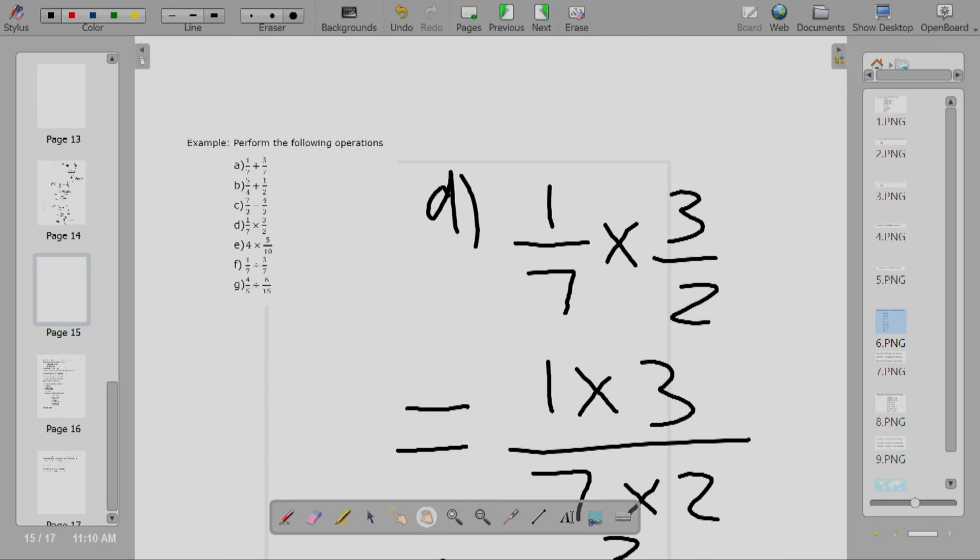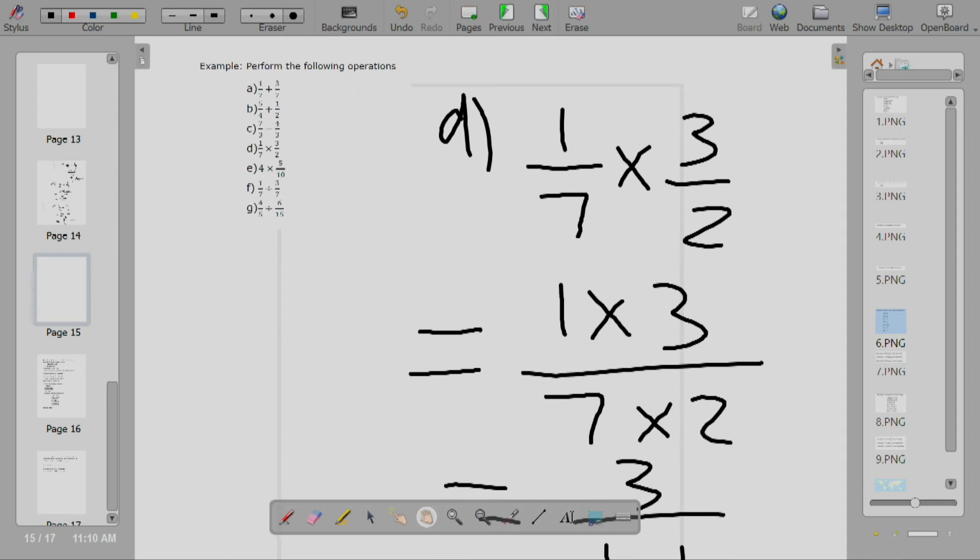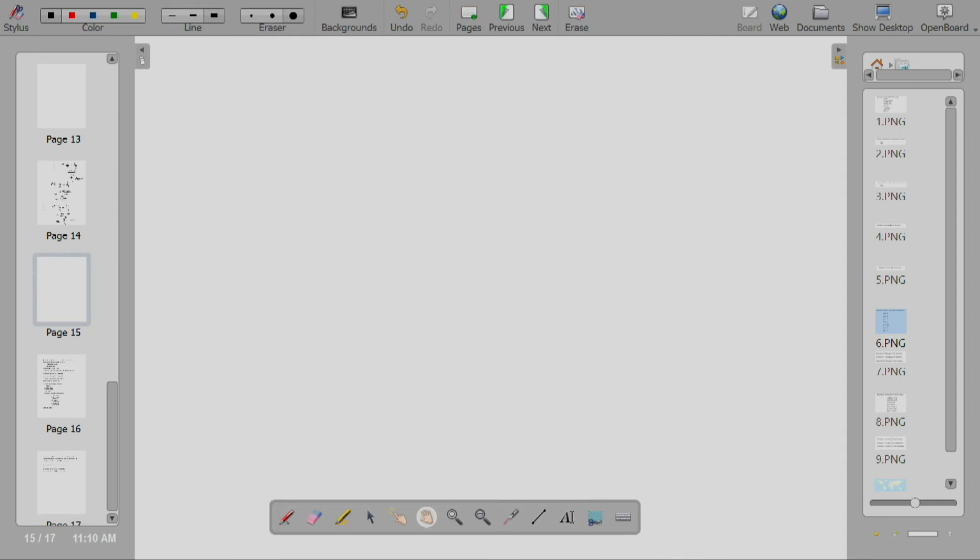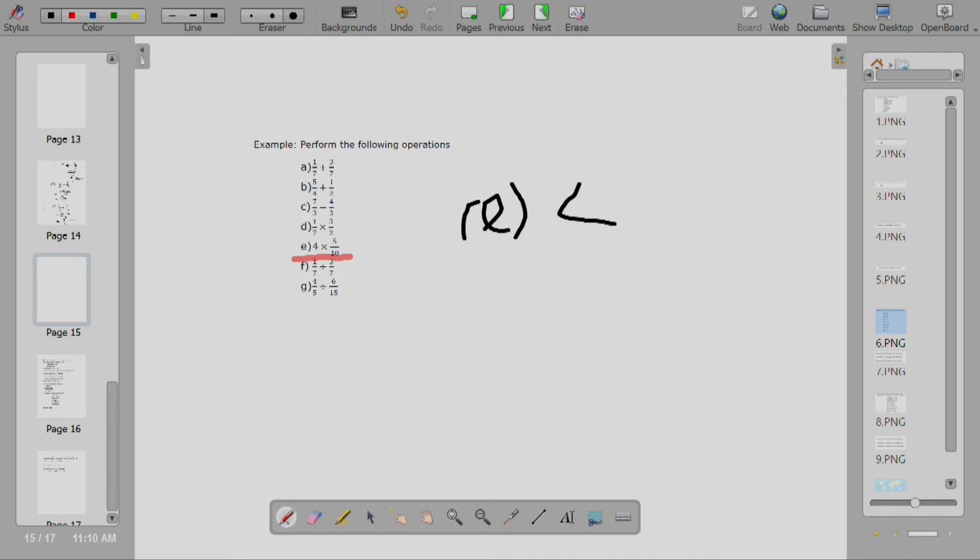Now let's move to Roman E, where we are required to multiply 4 by 5 over 10.